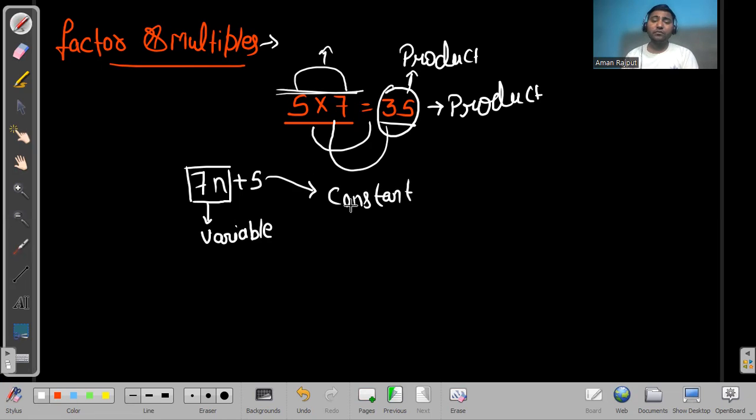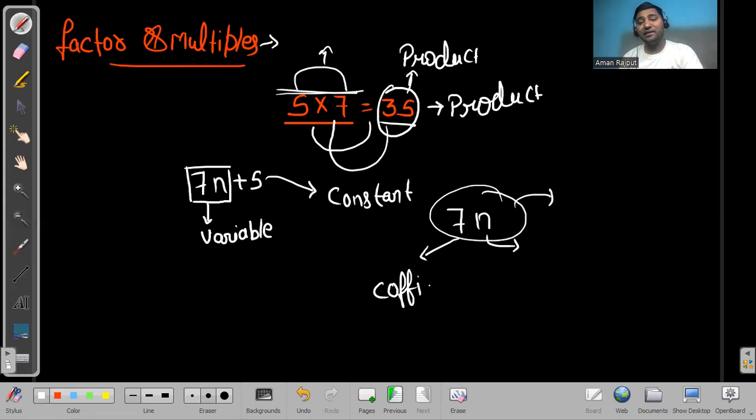In 7n, there is a letter and a number; the number is known as the coefficient. Hope you understood what I have shared with you.